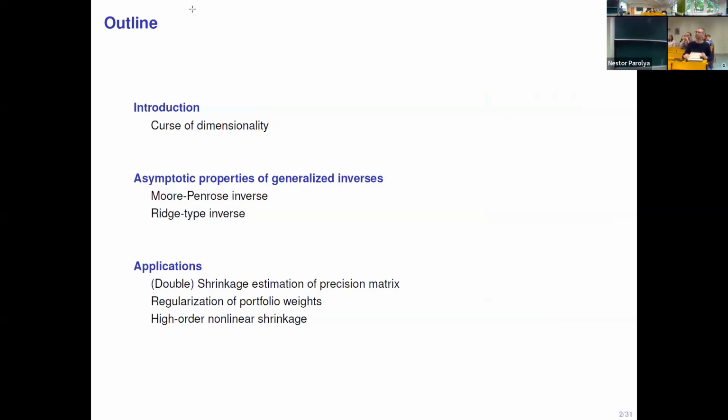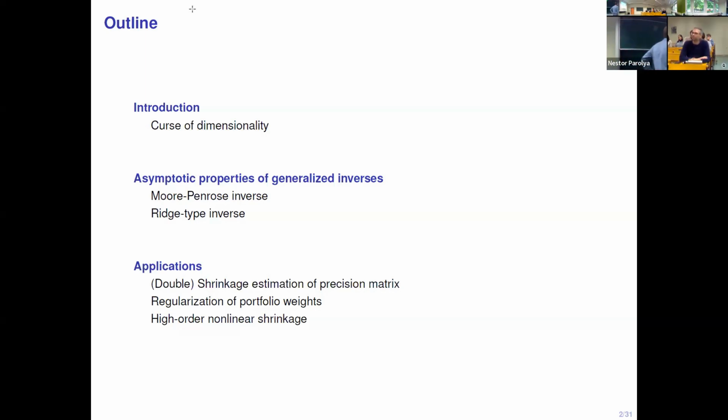So first, for some people who don't know exactly what is happening in high dimensions, I'll do a short introduction about the curse of dimensionality in high-dimensional statistics. Then I will talk about the main theoretical results we showed for generalized inverses. So it's about the Moore-Penrose inverse and Ridge-type inverses, and actually you can show with this technology many asymptotic results for even other inverse matrices.